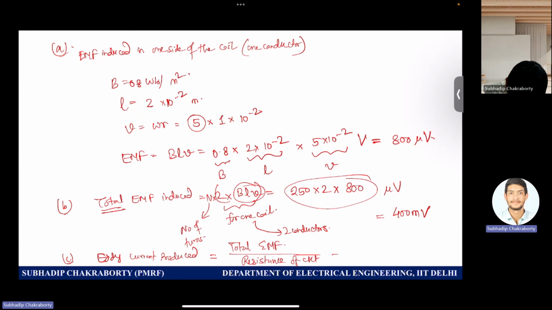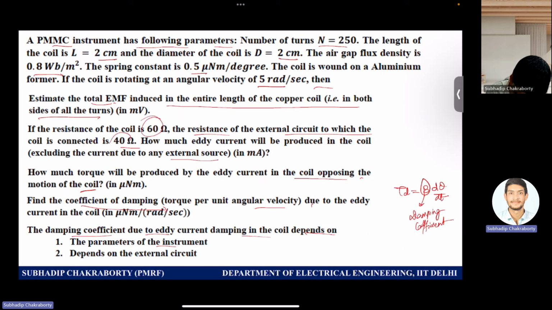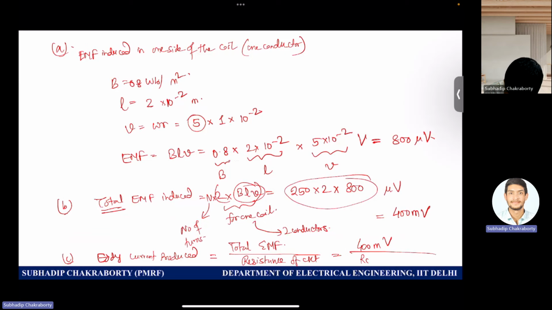The EMF is 400 millivolts. The resistance of the coil itself is given to be 60, and the external is 40. So R coil plus R external: 400 millivolts divided by 60 plus 40, so it is 100. And this is the eddy current.